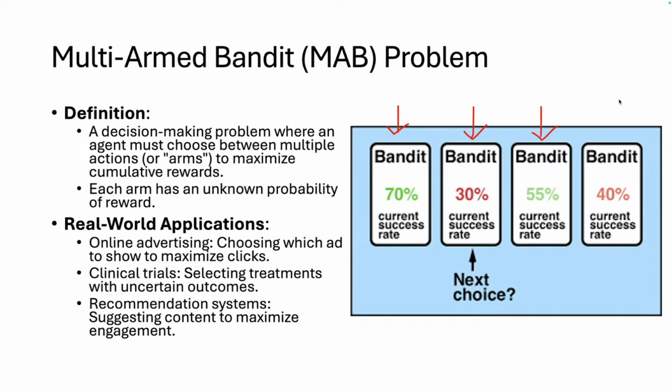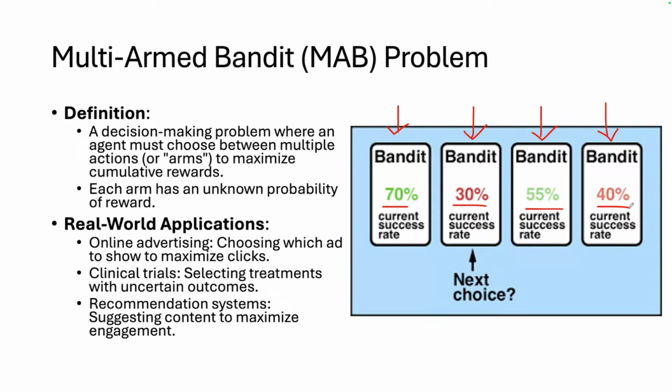You've not done anything to experiment or try. You don't know what their win rate is. But under the hood, they have a win rate. Like this one is 70%, this one is 30%, this one is 55%, and this one is 40%. So your objective is to find the highest winning bandit the fastest. If you had infinite tries, no problem, right?